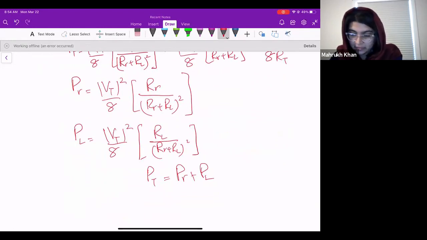Then instead of power supply, you will say the power captured is PC.